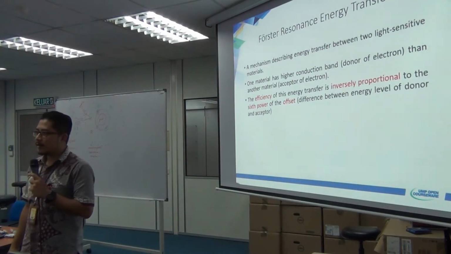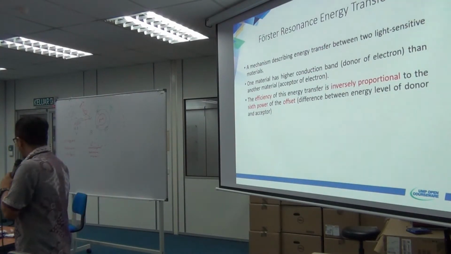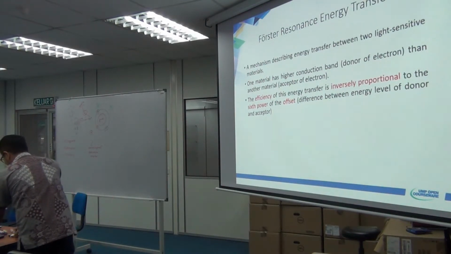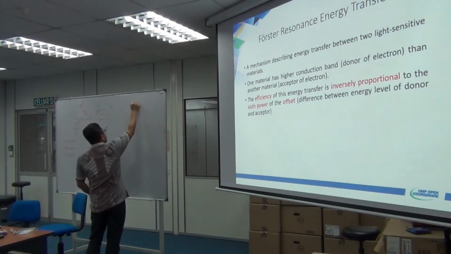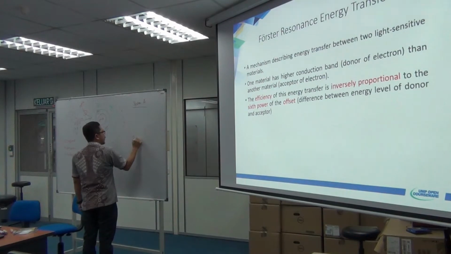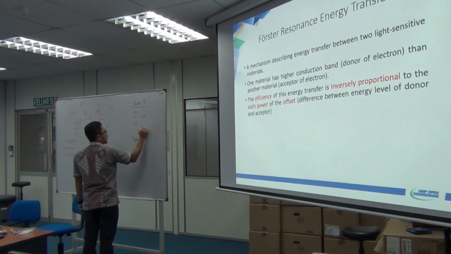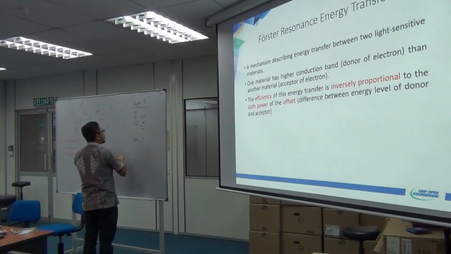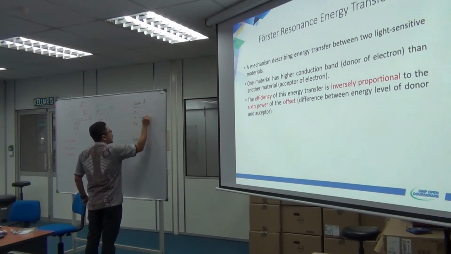If the offset of our system is big, let me draw. We have system A and we have system B. Conduction band, valence band of material 1. We have conduction band and valence band of material 2. And the offset is, for example, 0.1 electron volts.